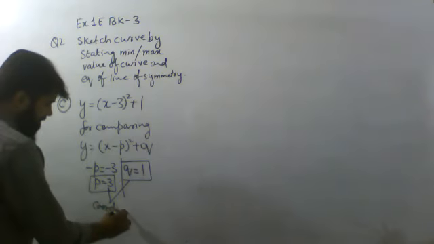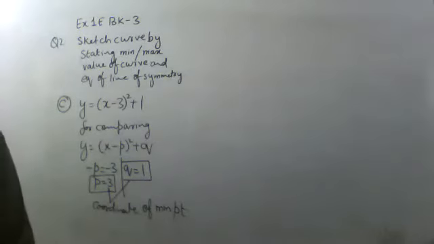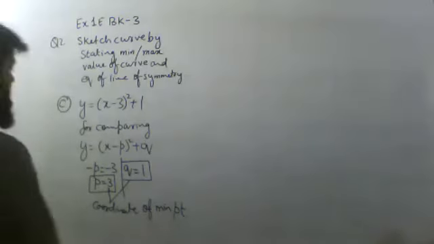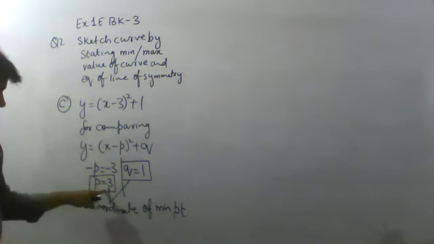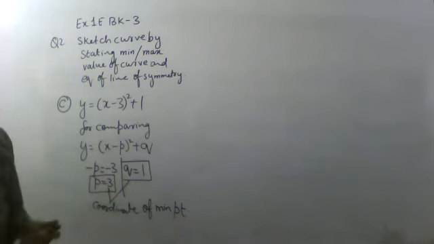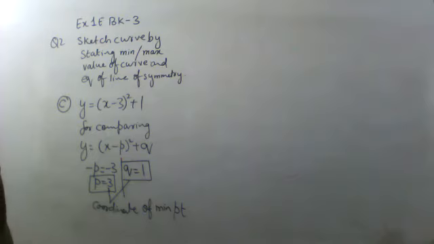If outside the bracket I have a plus value, then this will be considered the coordinate of the minimum point. I have found the minimum value of the curve, the turning point.